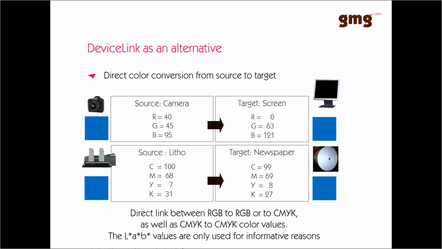Later on, they will be used as informative information as part of this profile. And now you have one direct device link profile from your camera to your screen, which then also means you need another device link profile from your camera to your newspaper process.